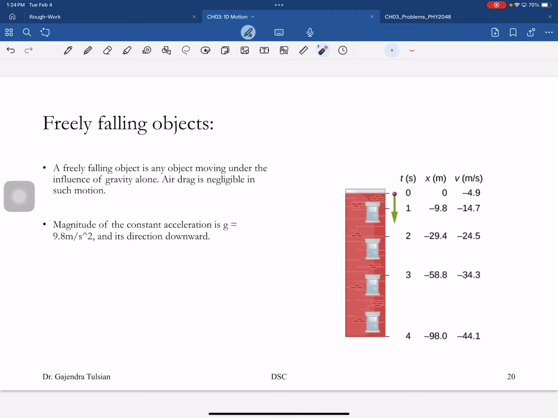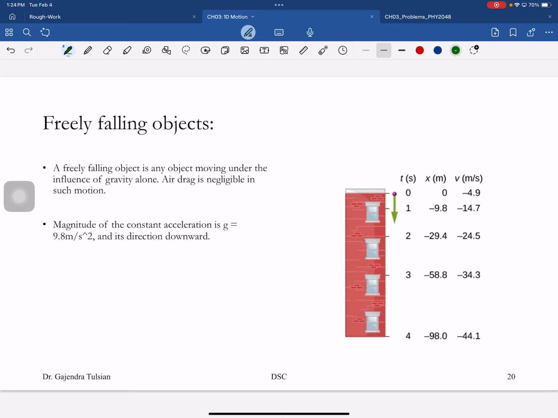Air friction? Yeah, but that's negligible in this case. So this is not freely falling. There air friction was not negligible. The drag was not negligible. So a freely falling object is when gravity is the only force and all other forces are negligible.